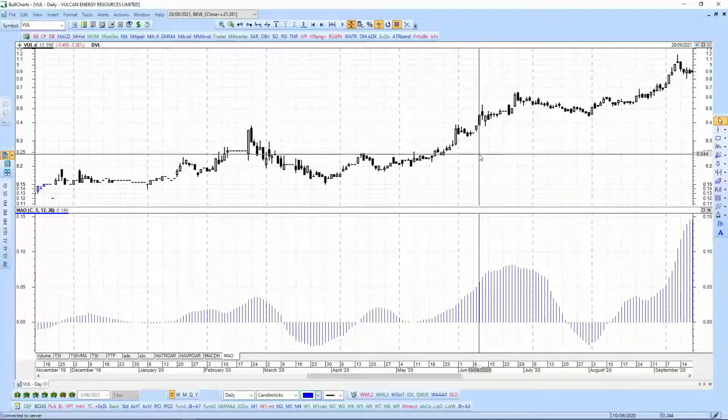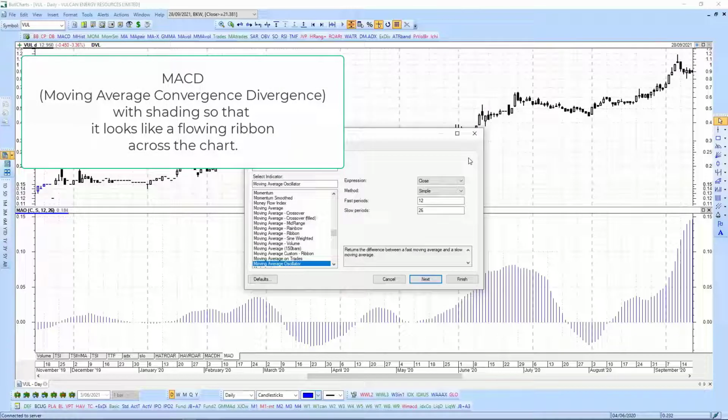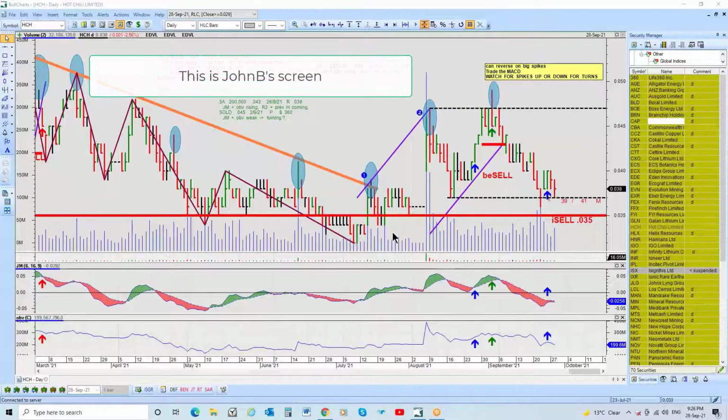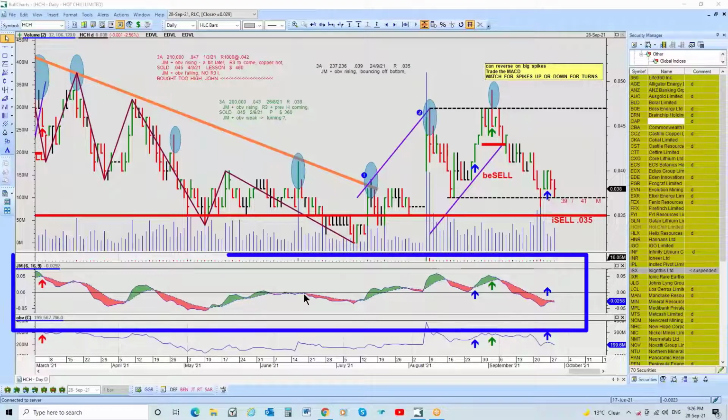Robert, I use the MACD as a ribbon, and as the MAs cross over, the ribbon changes from green to red. There we go. We can see that. Well done. You see down the bottom, the pink and green line flows like a ribbon.